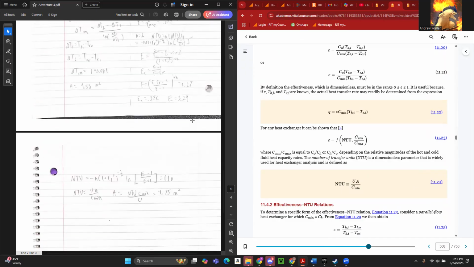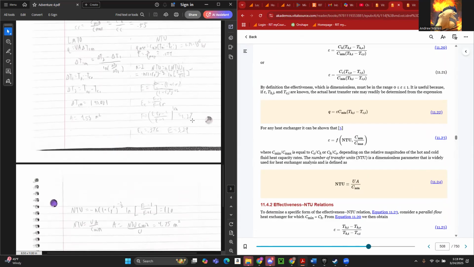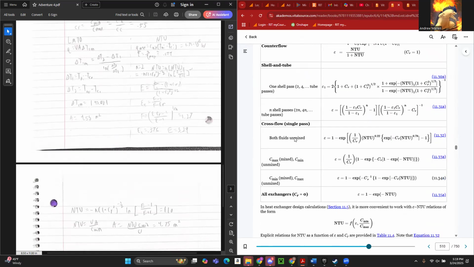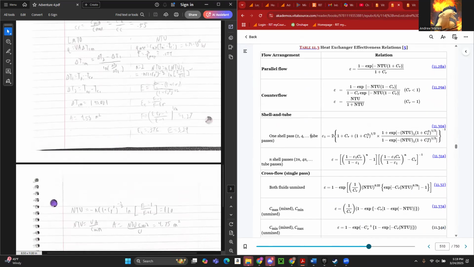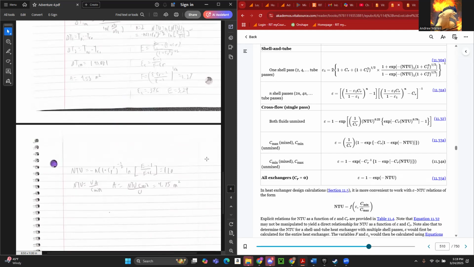So just to summarize all this, when dealing with shell and tube heat exchangers and more complicated heat exchangers than just parallel and counterflow, it might be better to just use the NTU method.